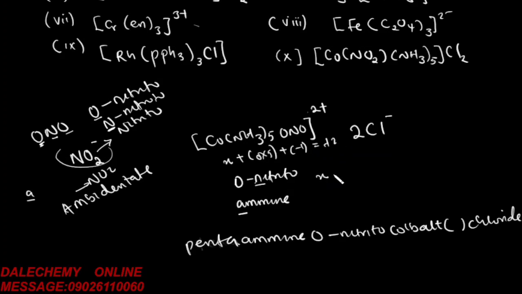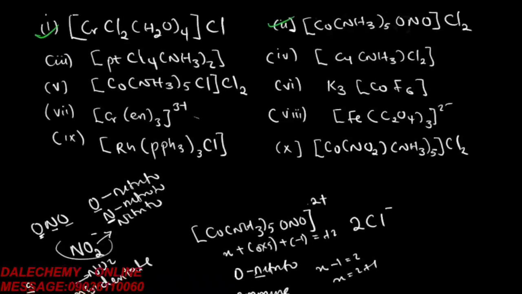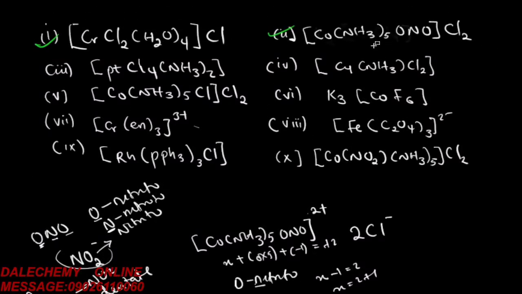So x minus 1 equals 2, and x equals plus 3. So this cobalt is in the 3 plus oxidation state. The name of that compound is pentaamine O-nitrito cobalt(III) chloride. So that's how to name it.